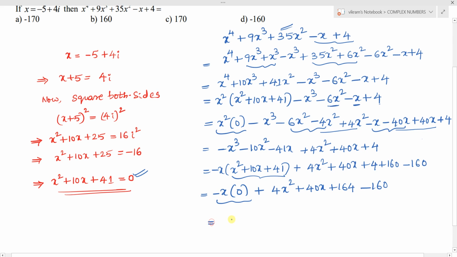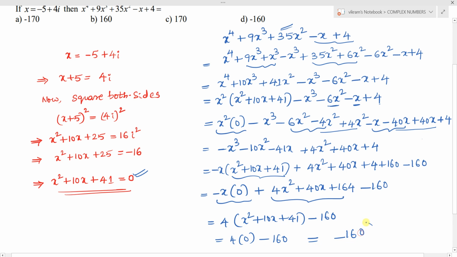This result is 0, and I can take 4 common from this one. Now 4 into x square plus 10x plus 41 and minus 160. So we can write 4 into 0 minus 160. The resultant is minus 160. So what is the answer? The option D is the correct one.